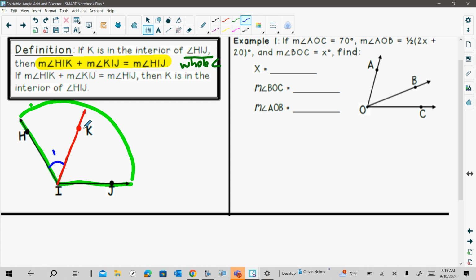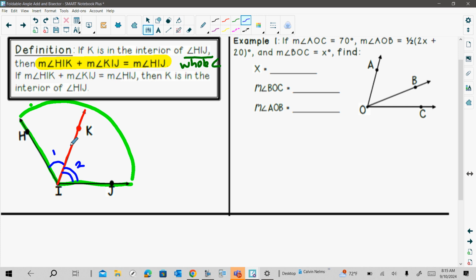It's adjacent to KIJ, so I'm going to do a double arc and put a 2. I don't want to have the same marking, because that would be saying it's congruent, and they're not. They're just adjacent.